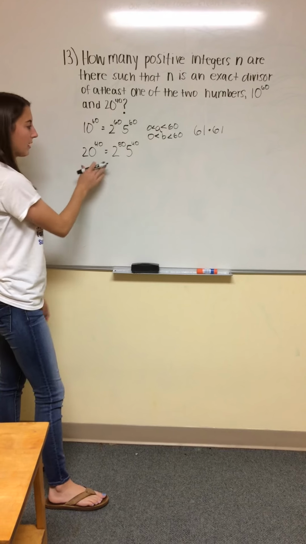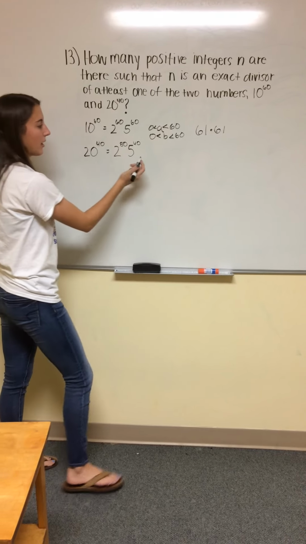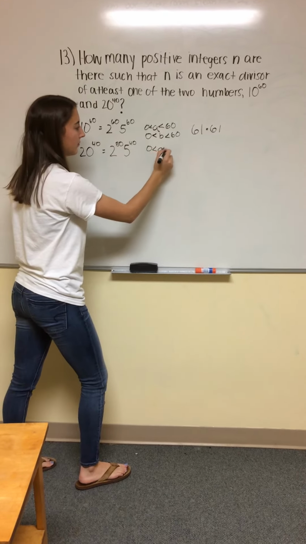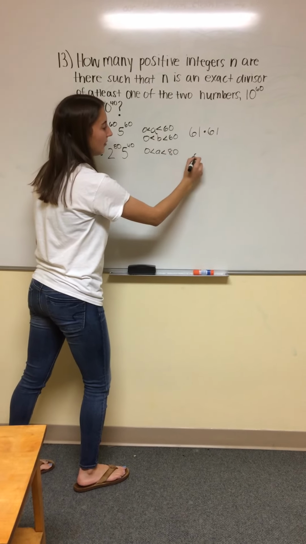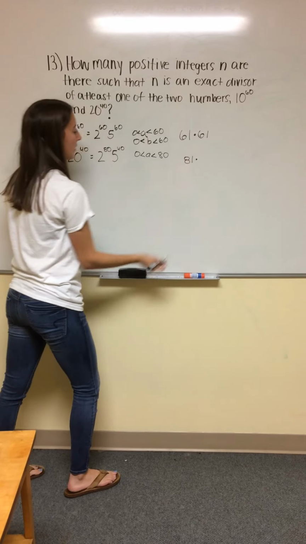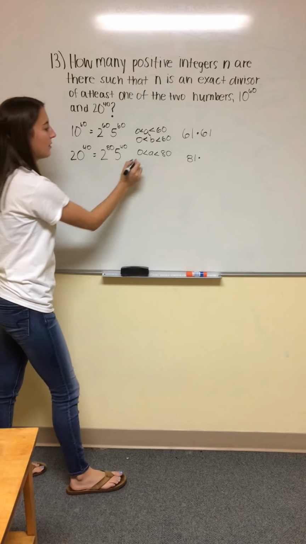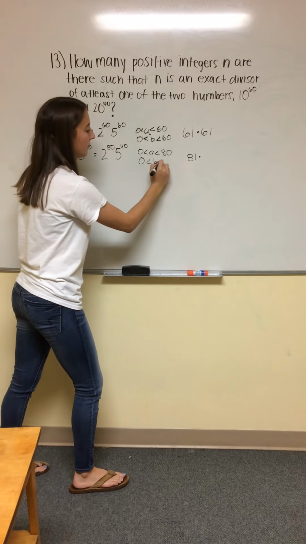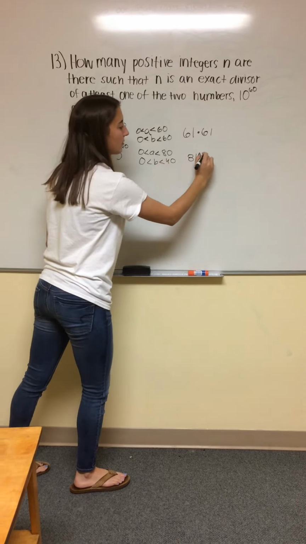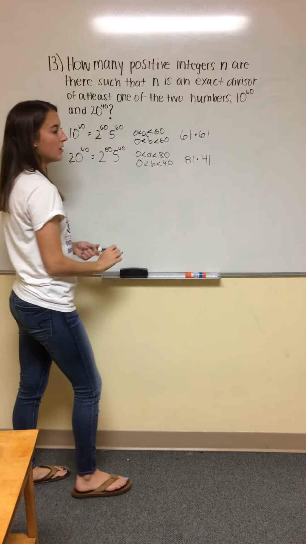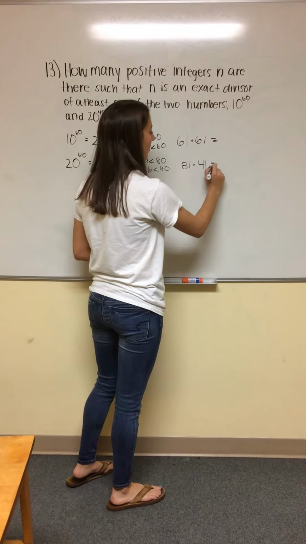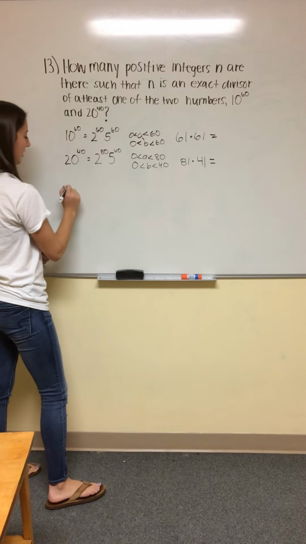And so you do the same thing for 20, but then this time you have 0 to 80, so you have 81. And then for 5, you have 0 to 40, and that's 41 possible terms. So multiply these out. I'll do that down here.